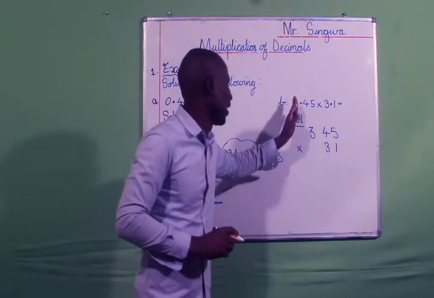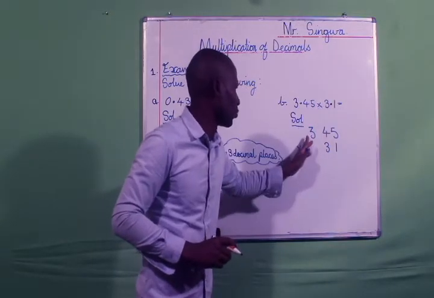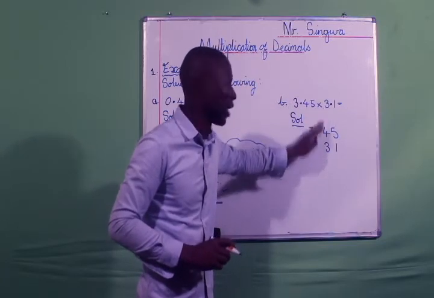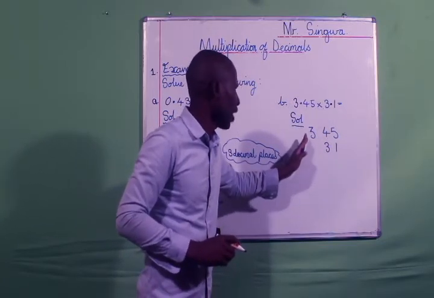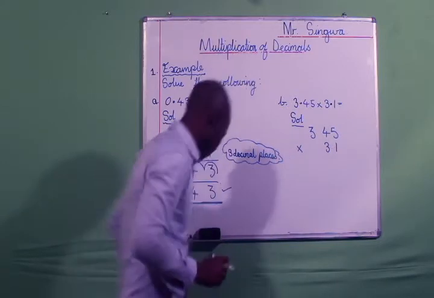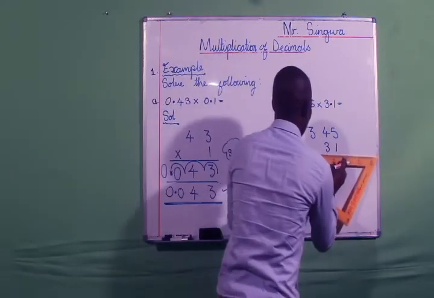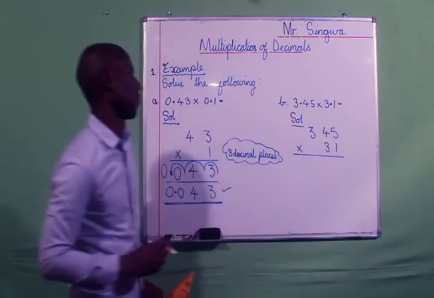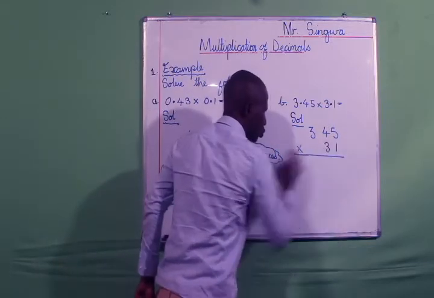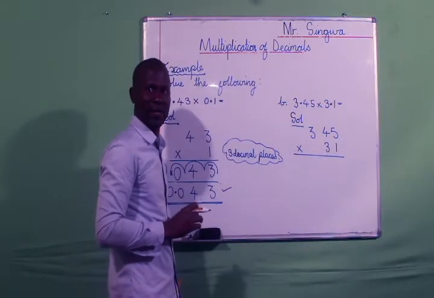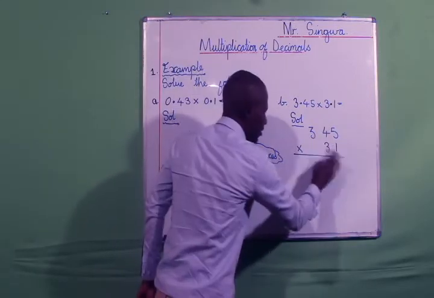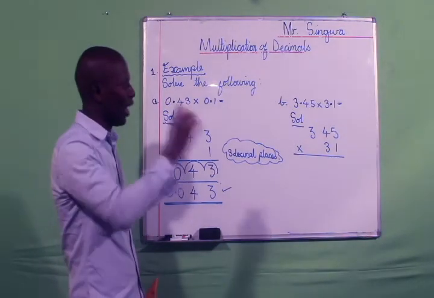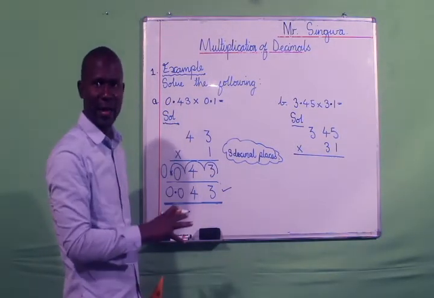So we only consider these figures, which is 345 as well as 31. Multiply. You are going to do the calculations there.